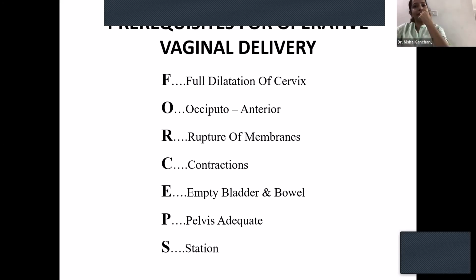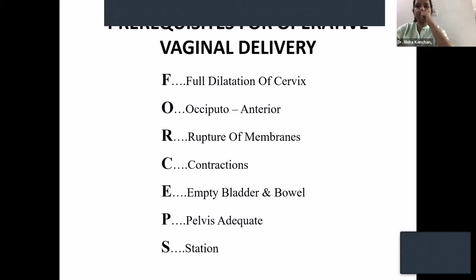Occipito anterior is better. You can also put forceps to occipito posterior and deliver it, but there are higher chances of risk to the mother and the baby. So always confirm that it is occipito anterior. So how would you confirm it is occipito anterior? Which fontanelle will you feel on vaginal examination?